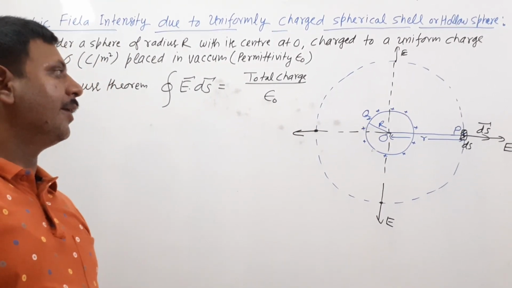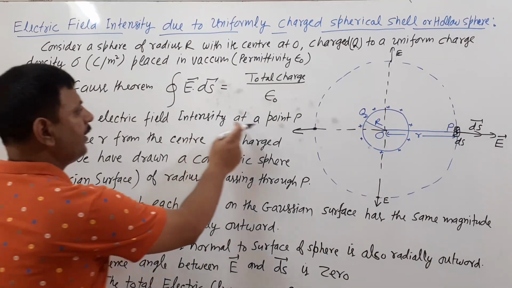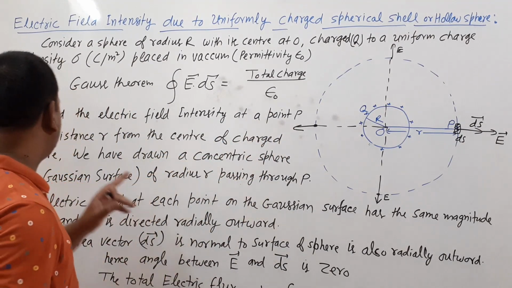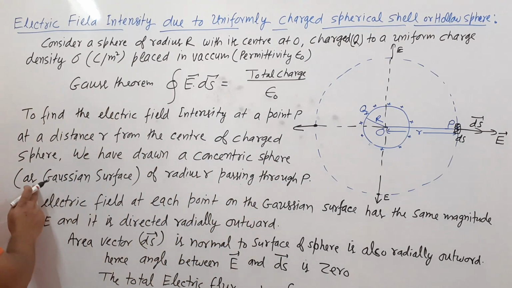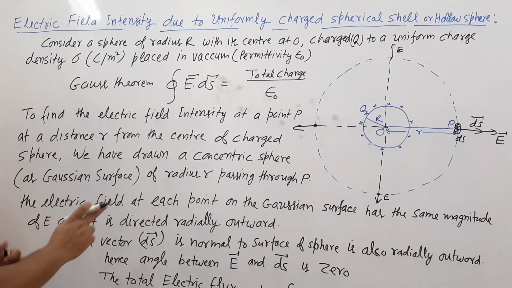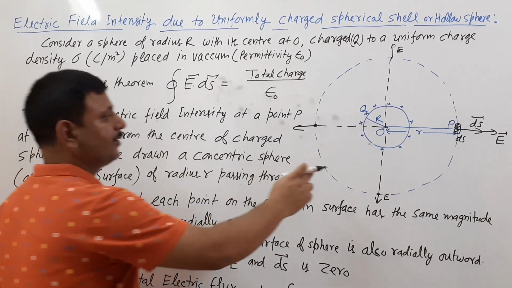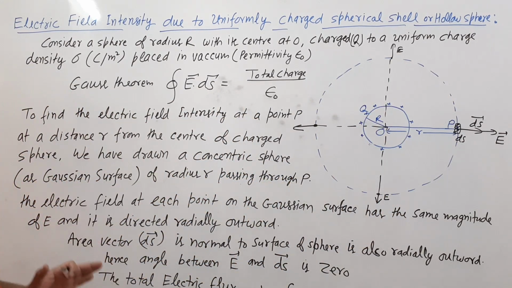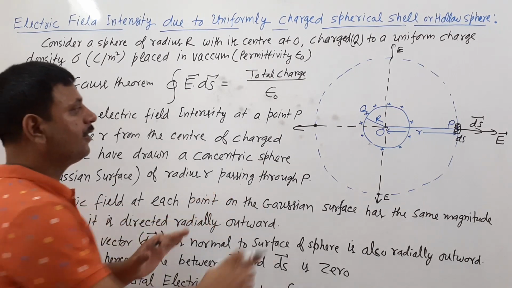As I have told you, to find the electric field intensity at point P at distance r from the center of the charged sphere, we have drawn a concentric spherical closed surface. This is the Gaussian surface of radius r passing through P. We have drawn hypothetically the electric field at each point on the Gaussian surface.